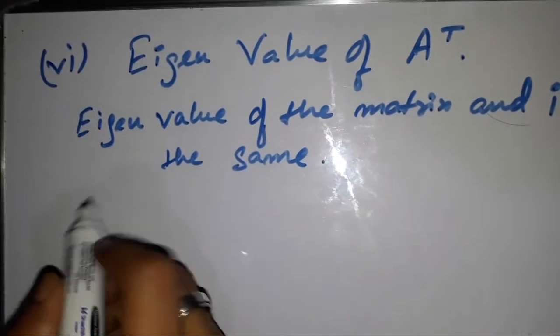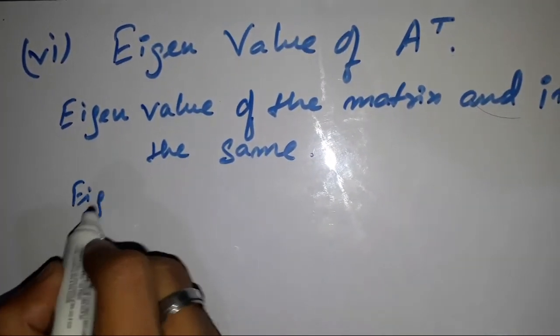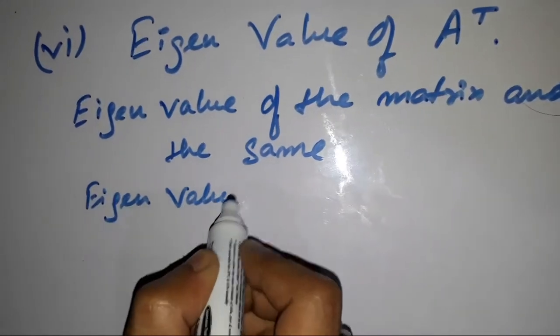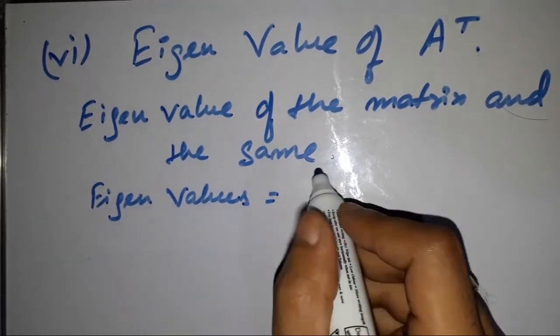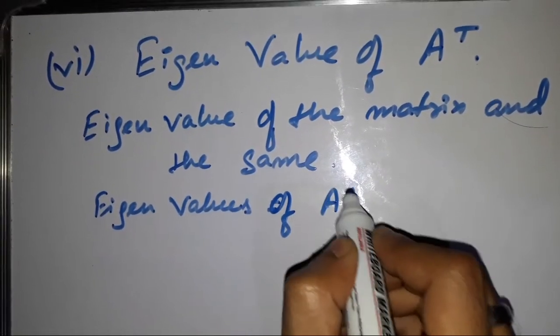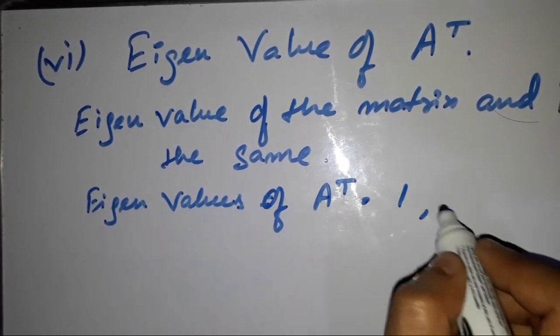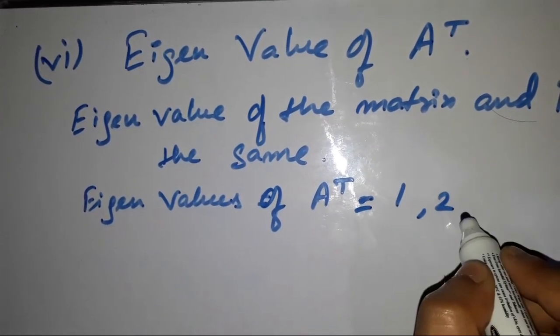So we will get the same result, the eigenvalues of A transpose as 1, 2 and minus 1.